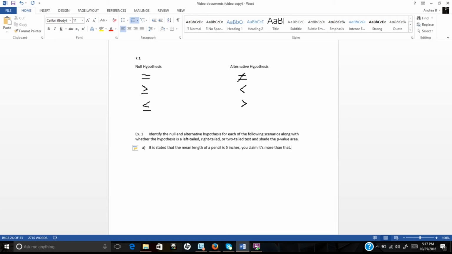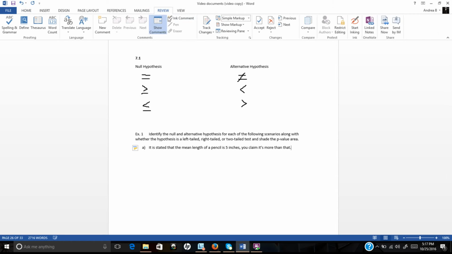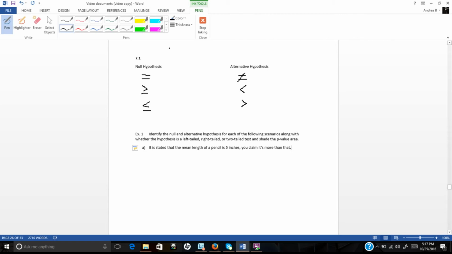If we're trying to write out, first of all, the null and alternative hypothesis here, what we have first are the symbols related to this. For the null hypothesis, we get h sub 0 for the null. Null you can think of as a 0. And the alternative is h sub a.